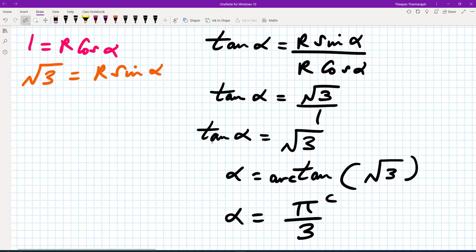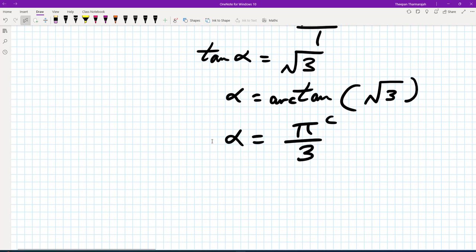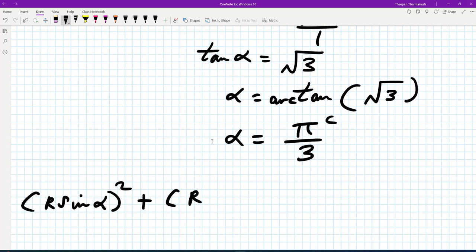So then we're going to do r sine alpha all squared plus r cos alpha squared.